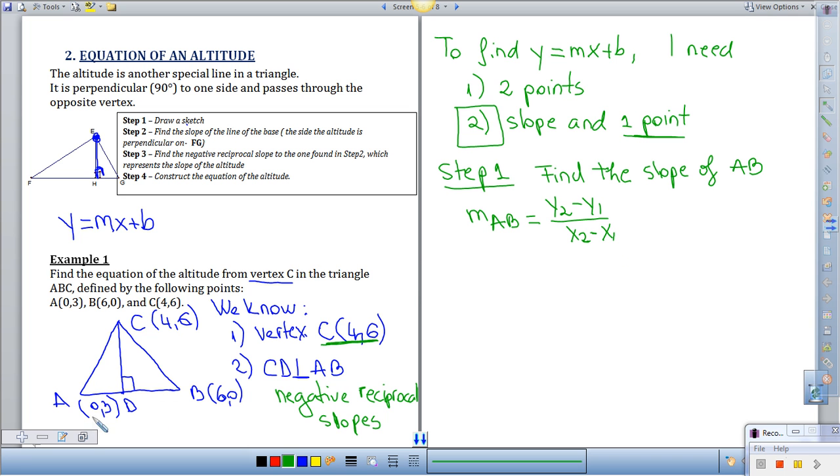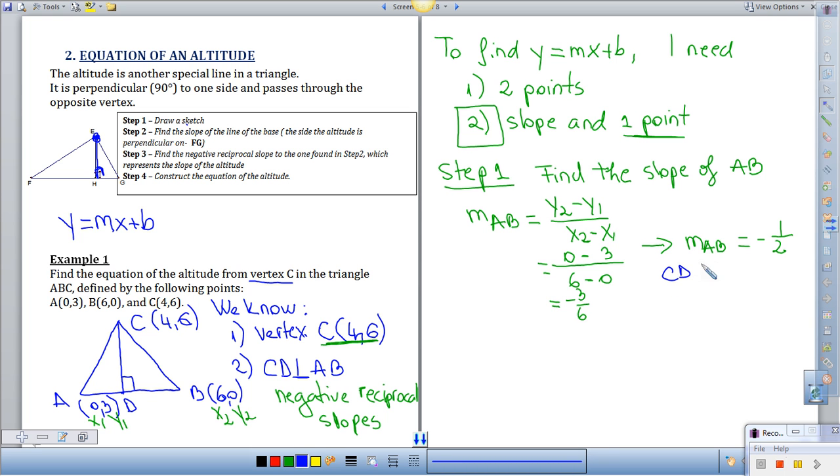If A is the first point, then 0 is x1, 3 is y1. For B, 6 is x2, and 0 is y2. So let's substitute in my slope. y2 is 0 minus y1 is 3, x2 is 6, and x1 is 0. So it is negative 3 over 6, or if you reduce that fraction further, the slope of AB equals negative 1 over 2.